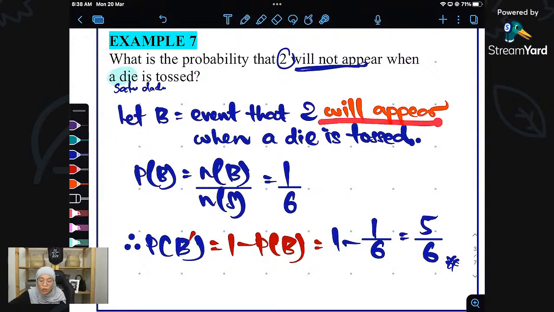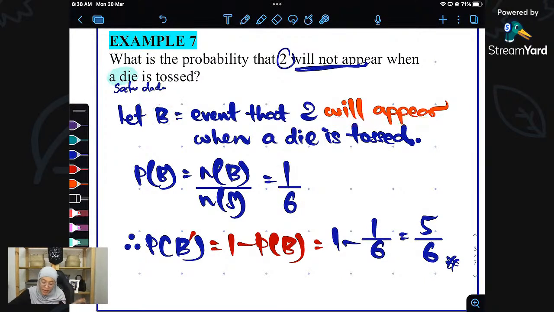So I will begin with the one that will appear. Okay, I let it be event B. When I call it event B, then this will appear, yeah.